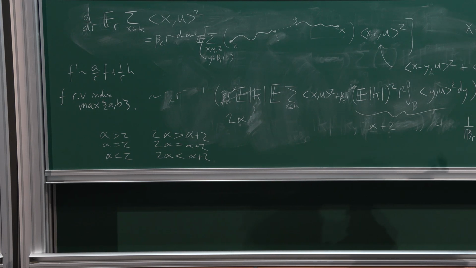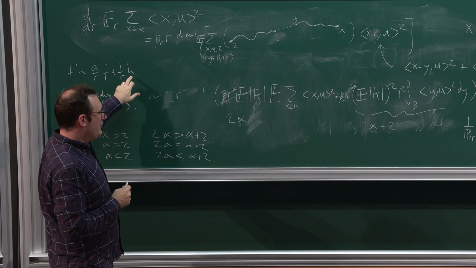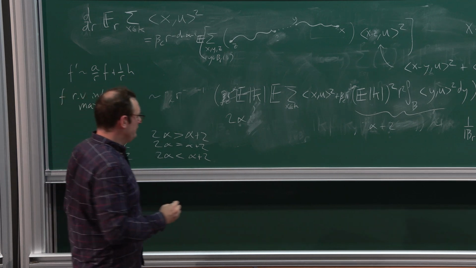Okay. Now, in fact, what happens here in the case alpha equals 2, you're actually in this boundary case. And moreover, this function h is just exactly a power of r. And in that case, you produce a log.